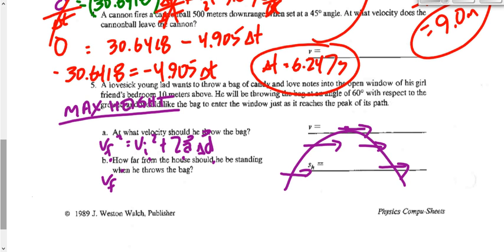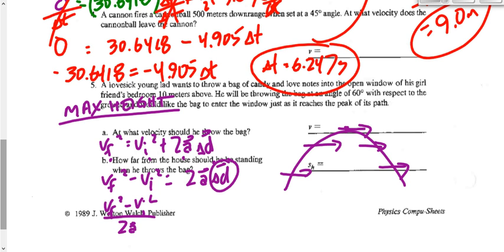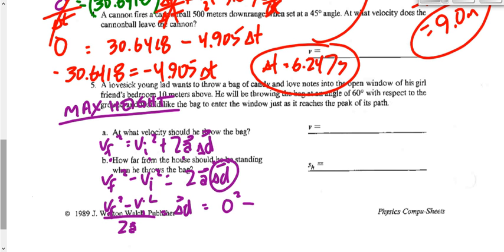VF squared minus VI squared, taking over what's not attached to the D. Divide by 2A because that's what is attached to the D. And we sub in those numbers. 0 squared minus VI squared. What was it? 30.6418.